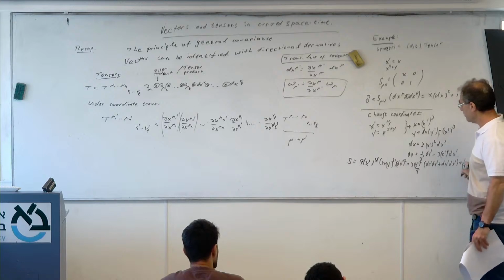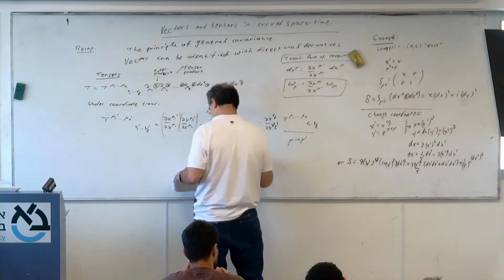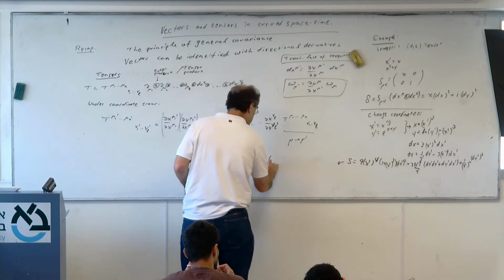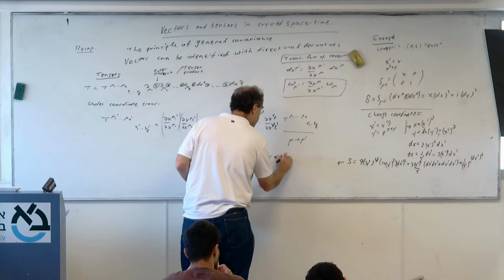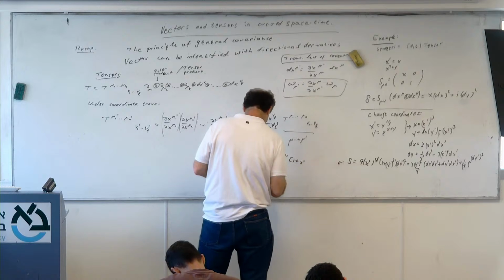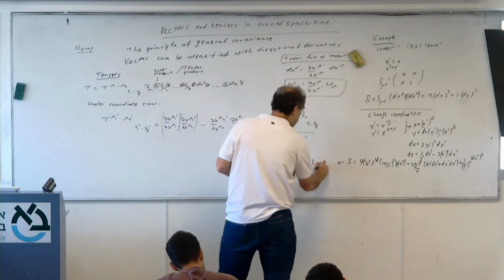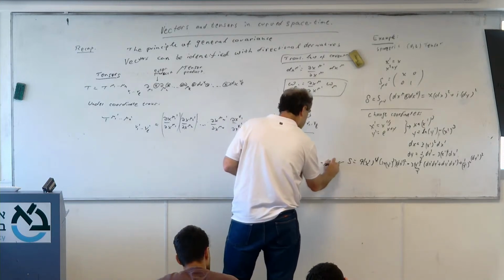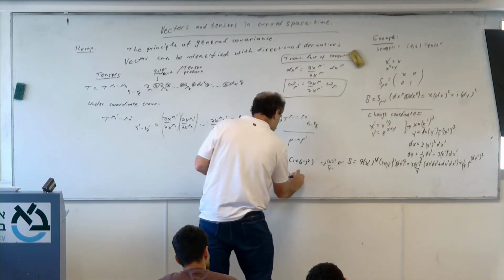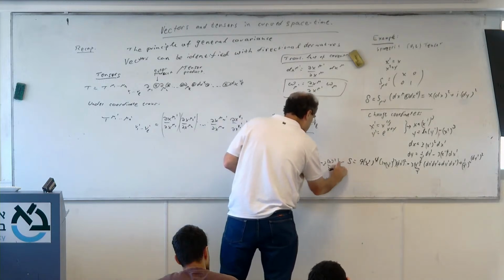If I write that in matrix notation, S_{mu' nu'} is x prime to the 4 plus x prime cubed, minus 3 x prime squared over y prime, minus 3 x prime squared over y prime, and 1 over y prime squared.